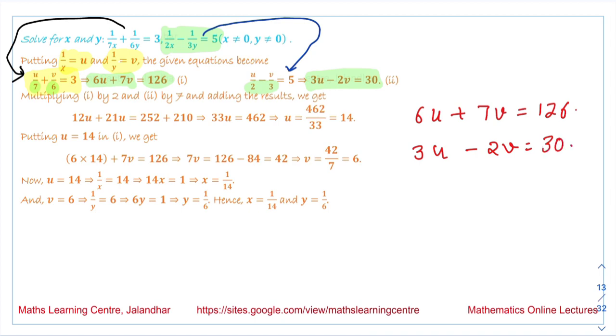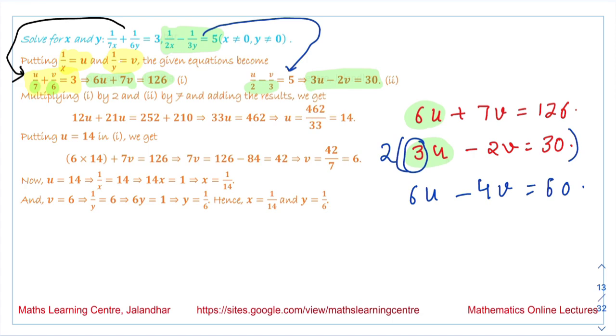Now if we look at the coefficients of u, we are more interested in eliminating u, so we have to make this coefficient 6. To make this 6 we are multiplying this equation with 2. This equation will become 6u minus 4v is equal to 60.